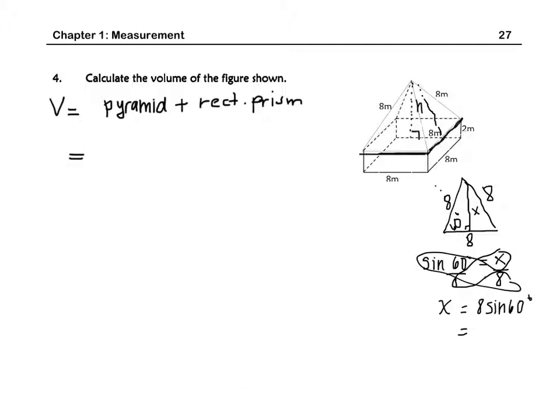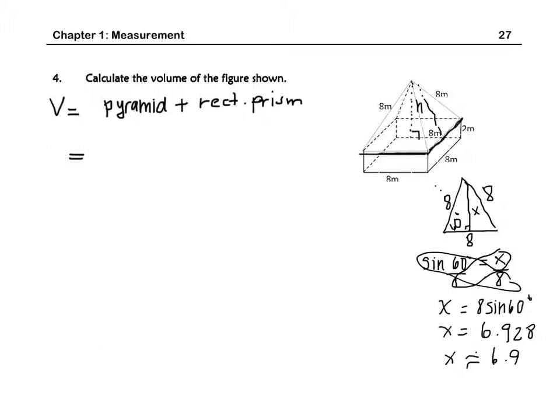Make sure your calculator's in degree mode. So 8 sine 60 as a decimal would be about 6.928. So I'm going to round it to just one decimal place, so 6.9.